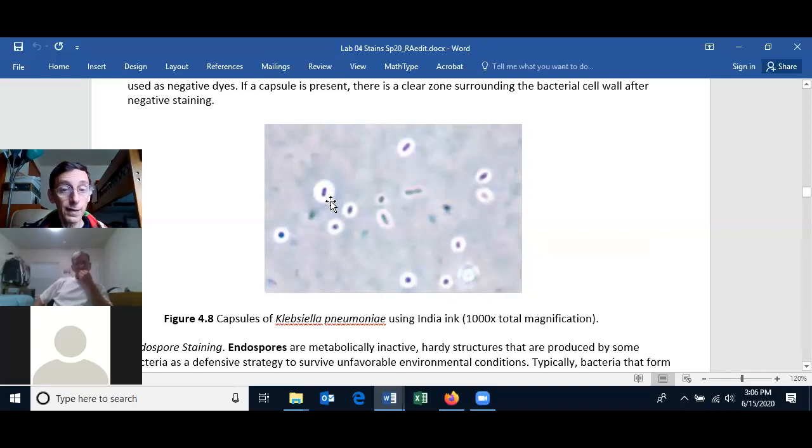Any question about that? So that would be Klebsiella pneumoniae, and the India ink is probably staining the background. But there's another stain in there because India ink doesn't stain the cells that dark.